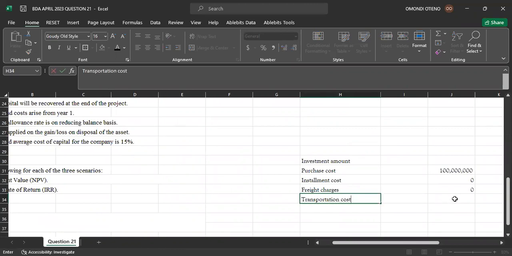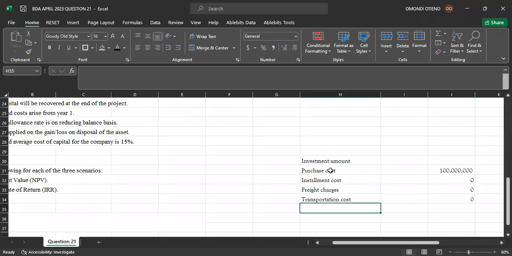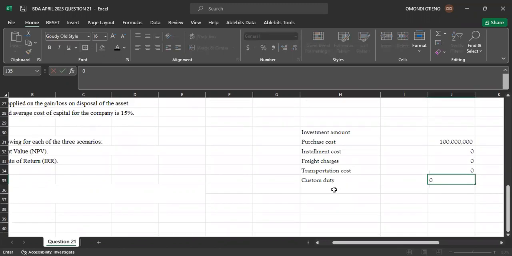We have transportation cost 0. Do we have custom duty if it was imported? We have custom duty charges 0. So cost of investment.